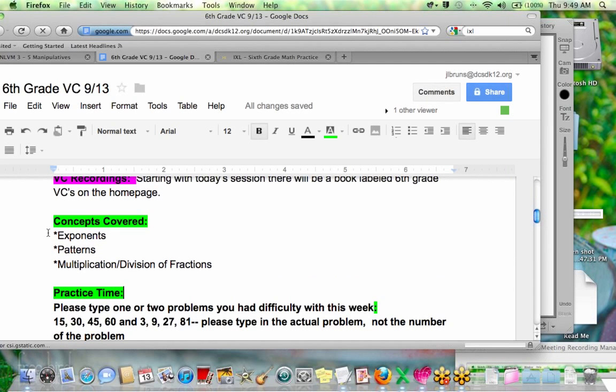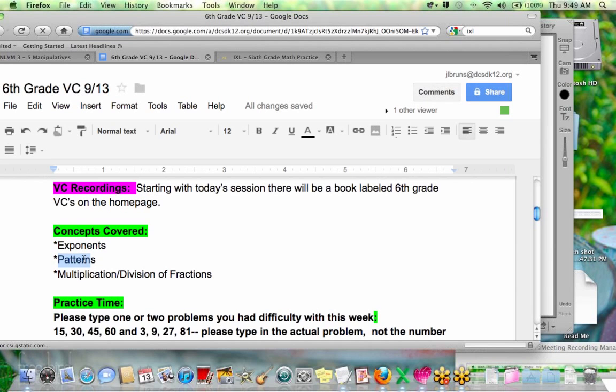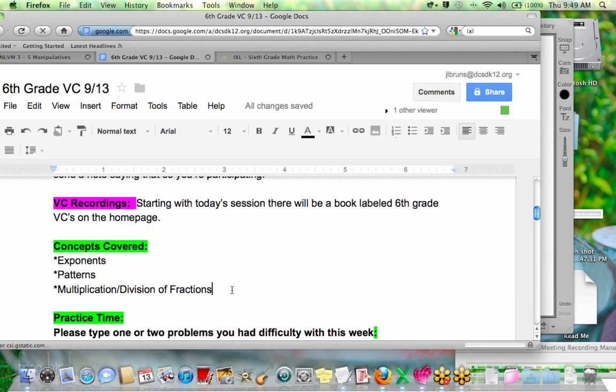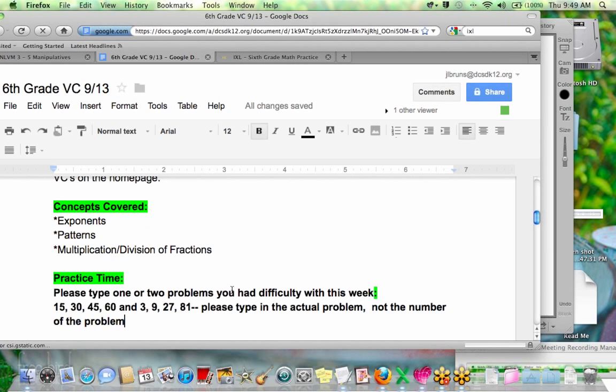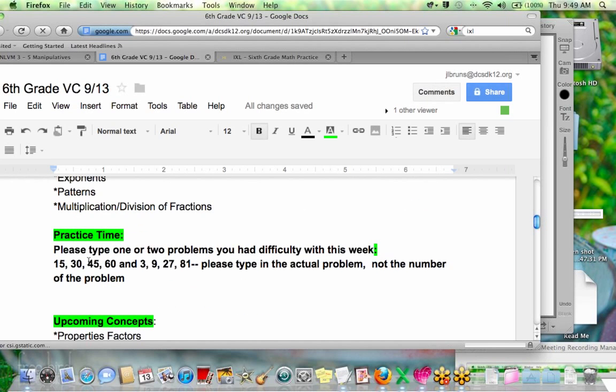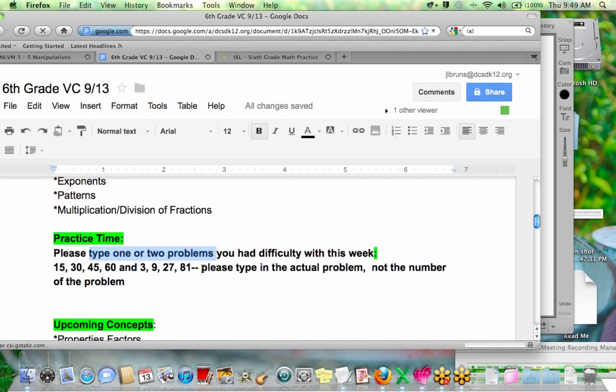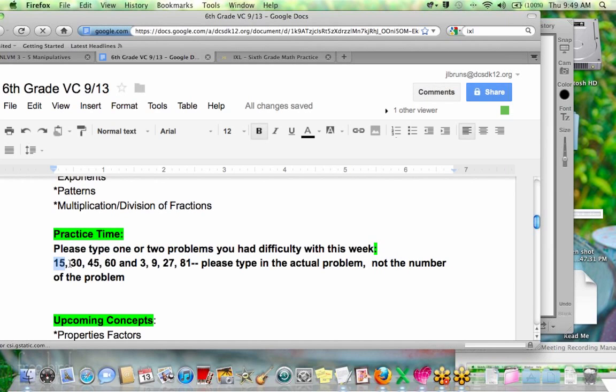In 6th grade math we have talked about exponents, you've been talking about patterns, you've been looking at multiplication and division of fractions. A lot of you have started some assignments on factors right now, so we're going to talk about those as well. If you have a couple problems that you wanted to talk about today, type in the actual problem.